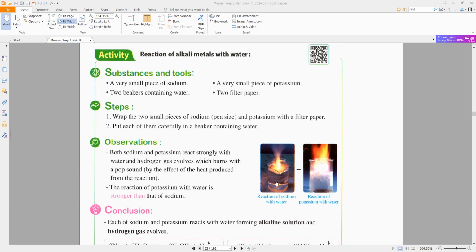And what we see as it is exposed to water is that it reacts very strongly, making a fire with a pop sound. But we see more fire in the potassium reaction than in sodium. That means potassium is more reactive than sodium because it makes more fire and reacts strongly.